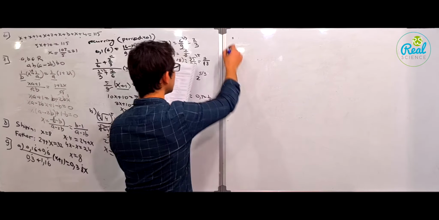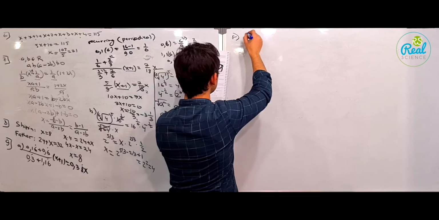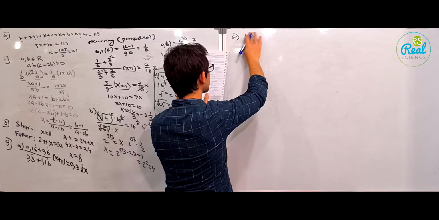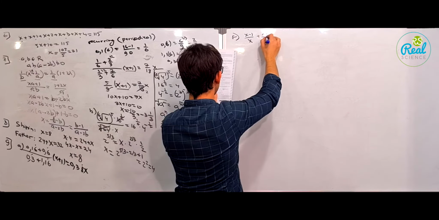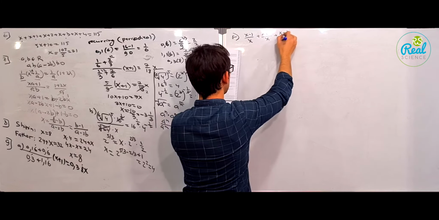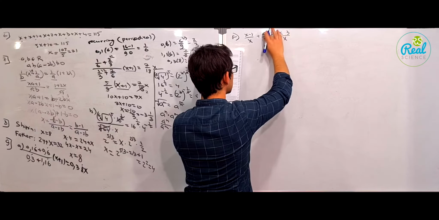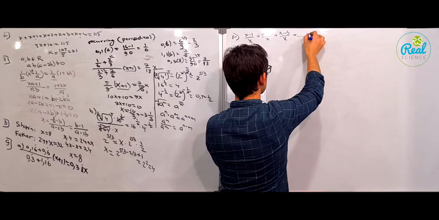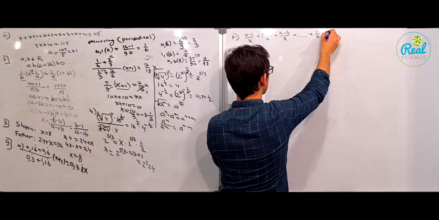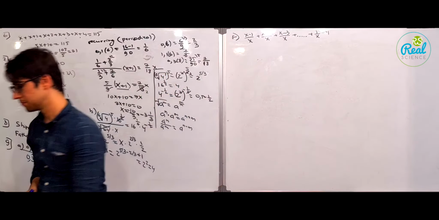Let's look at part C. x plus 1 over x, minus x minus 1 over x, plus x minus 2 over x, plus x minus 3 over x, plus etc., plus 1 over x, equals 4. How can you compute it?